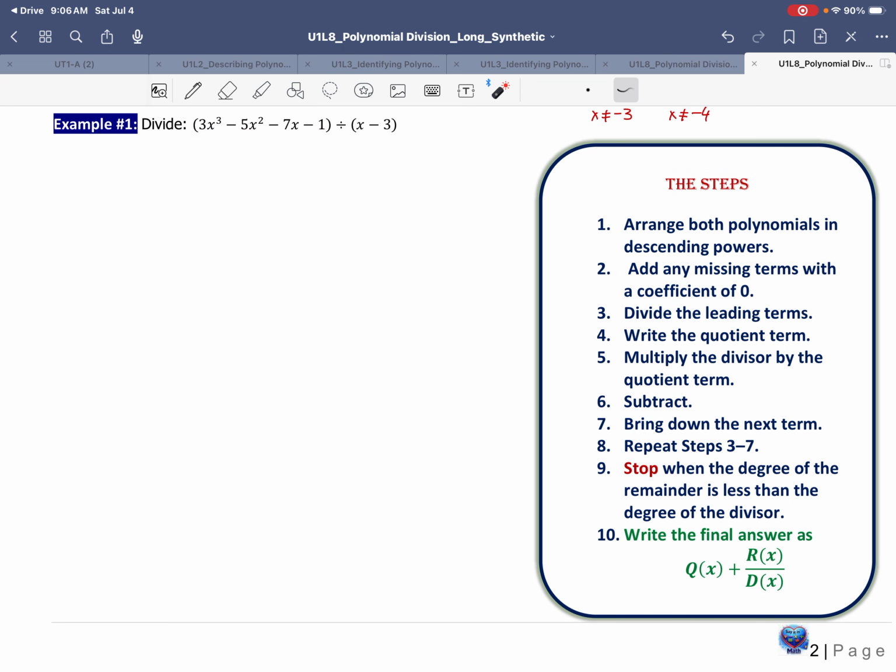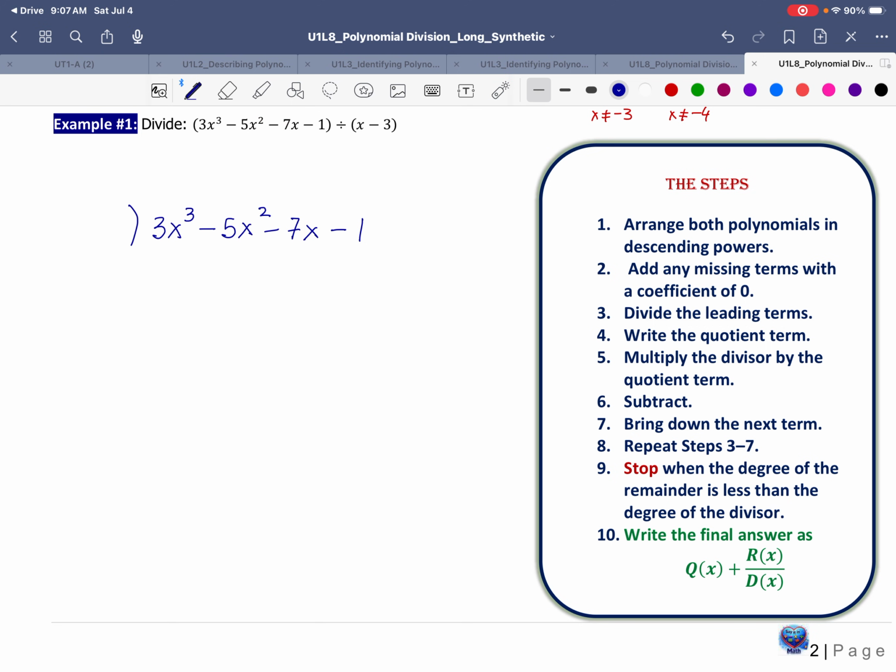If you have, for example, a third degree polynomial, then you start with the third degree term, then continue with the second degree term, the first degree term, and the zero degree term, which is a constant. And if any of these terms were missing, which is not the case here, you still have to write that term, but with the coefficient 0. We're going to look at such an example a little bit later.